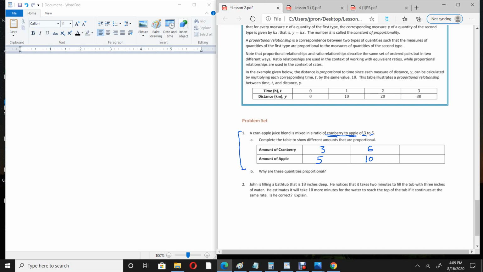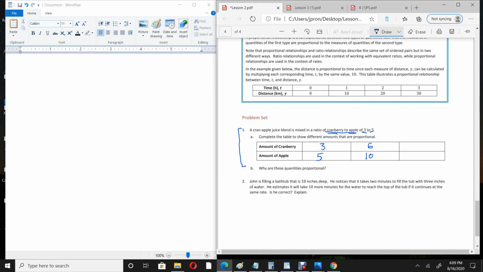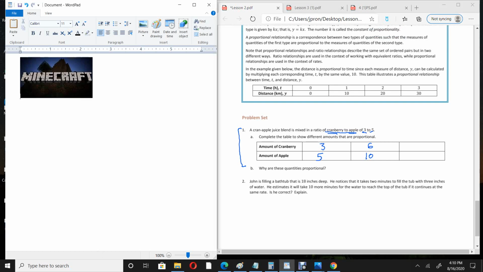Okay. Why are these quantities proportional? So I would start my answer with these quantities are proportional. Where did this come from? Okay, cool.